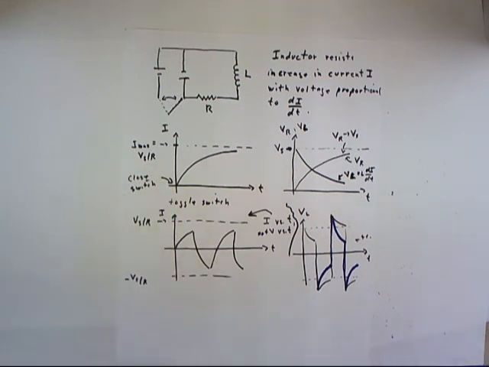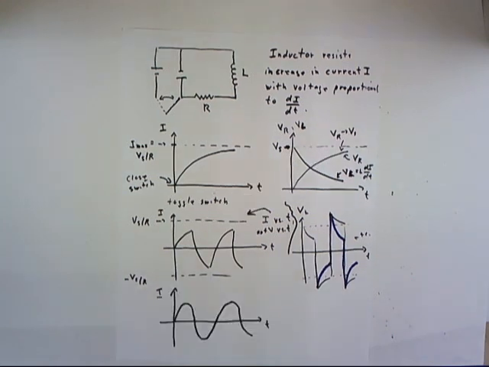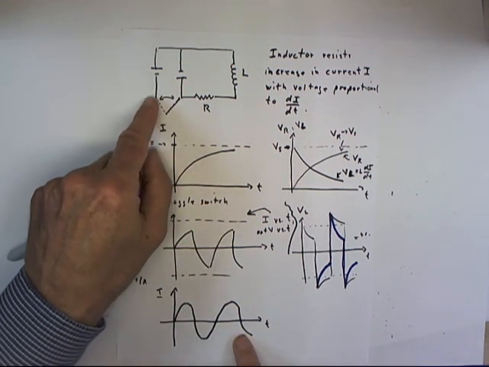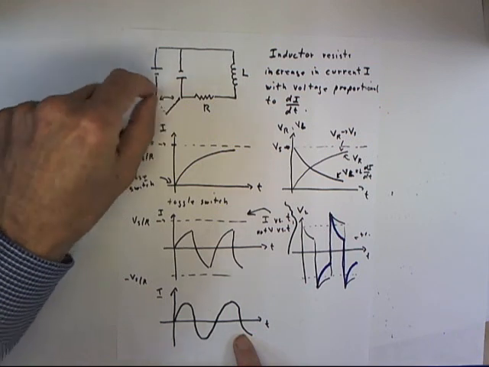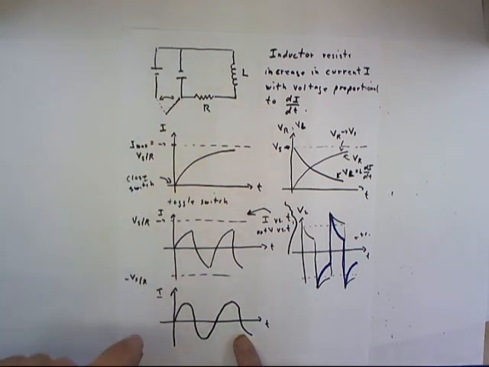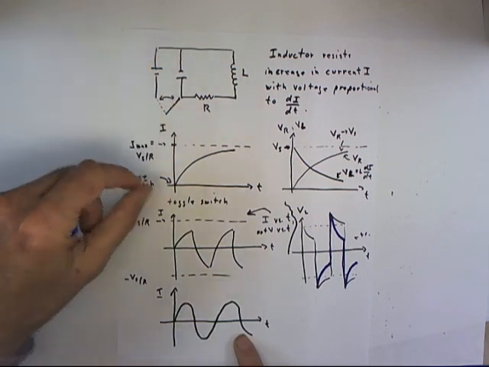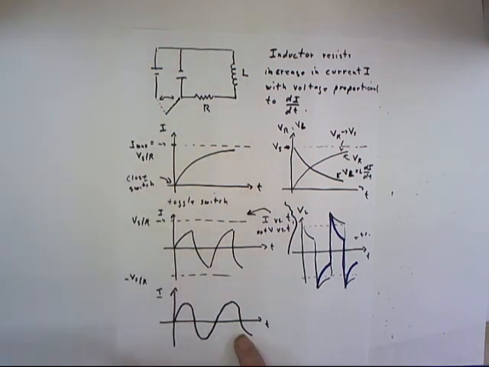Now this is actually more than you need to know about the behavior of inductors, but I'll push it one step further. If you drive this circuit with an alternating current, a smoothly alternating current, rather than a current that suddenly toggles back and forth, you're driving it with a voltage that toggles back and forth between positive and negative.